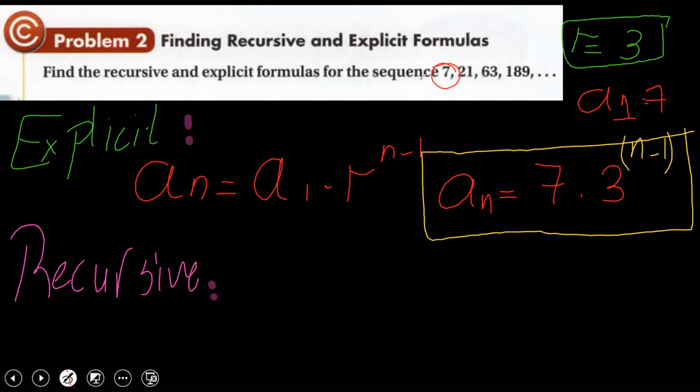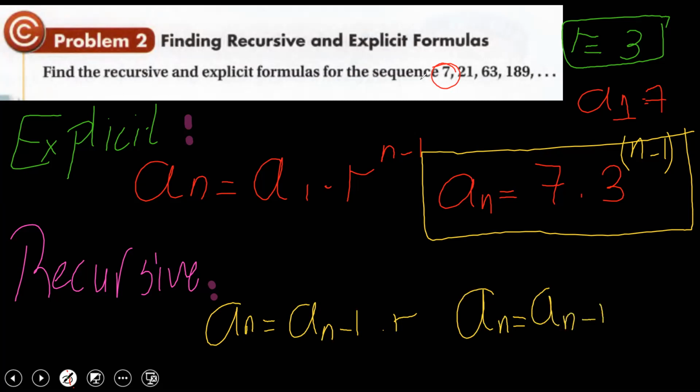Now what about the recursive? The recursive is a sub n equals a sub n minus 1 times r. So how can I write it now? I will say that a sub n is related to the previous term a sub n minus 1 times r. What is r?